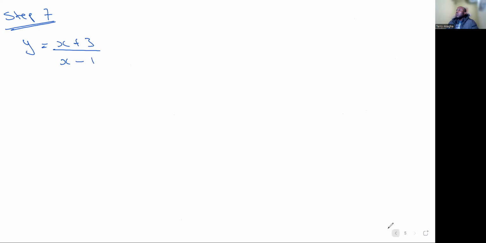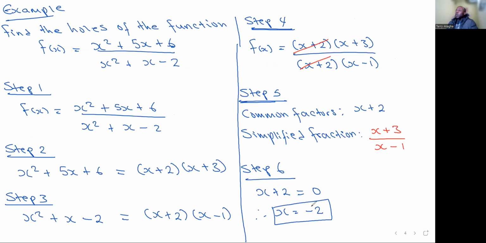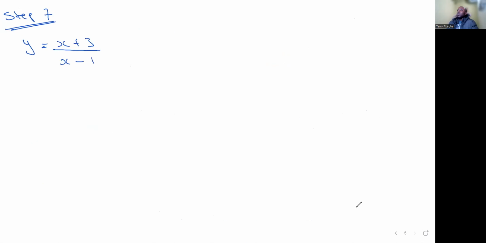But we know x to be minus 2. So we have minus 2 plus 3 divided by minus 2 minus 1. Minus 2 plus 3 gives you 1, then minus 2 minus 1 gives you minus 3. Therefore, y is equal to minus 1 over 3.